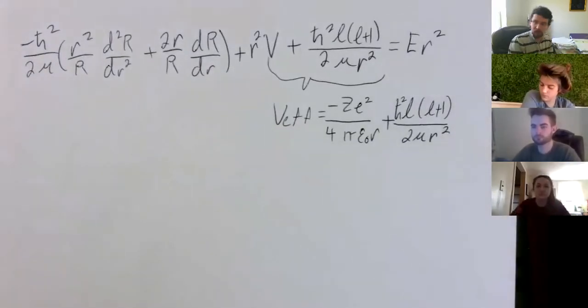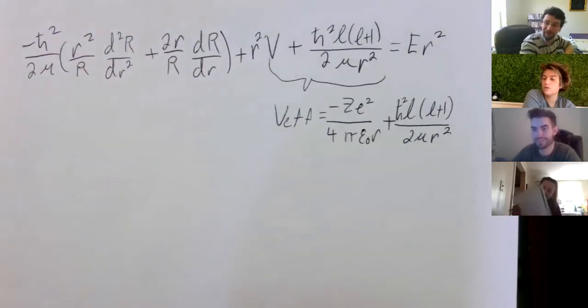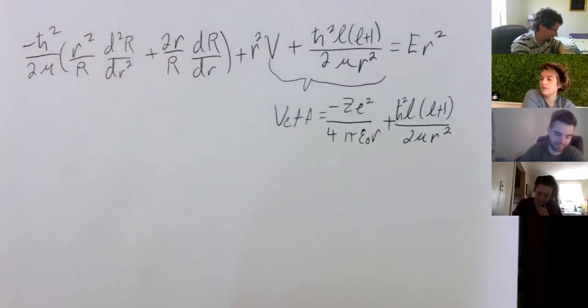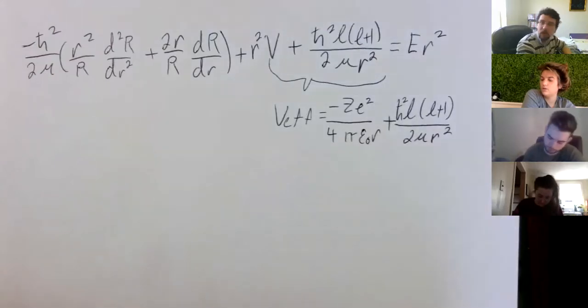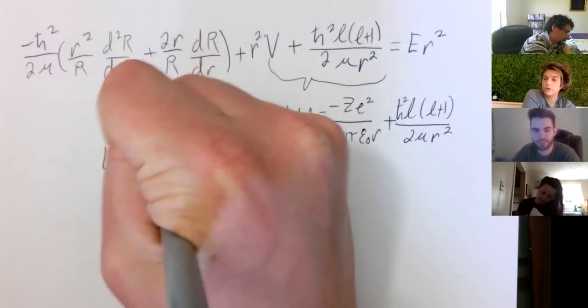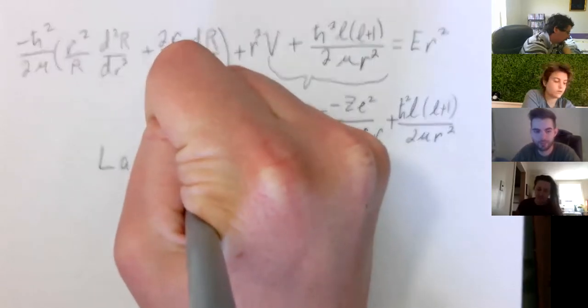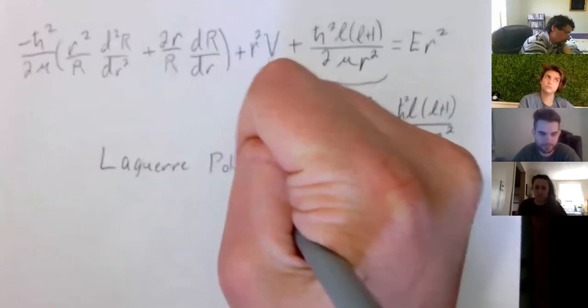Okay, what else did we talk about last time? That was a while ago. The known solution, yep, and it was those Laguerre polynomials. Are those the same as Lagrangians?